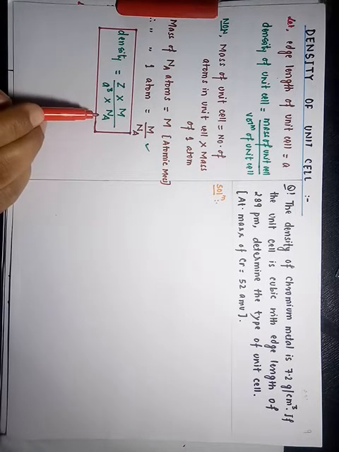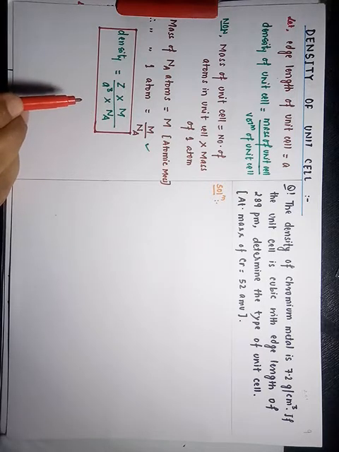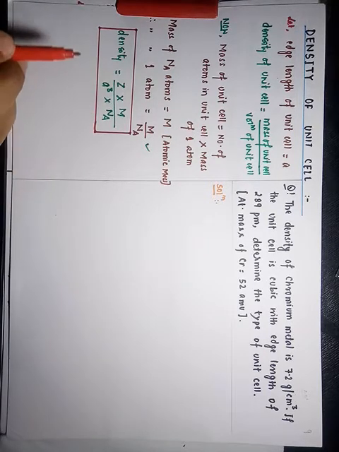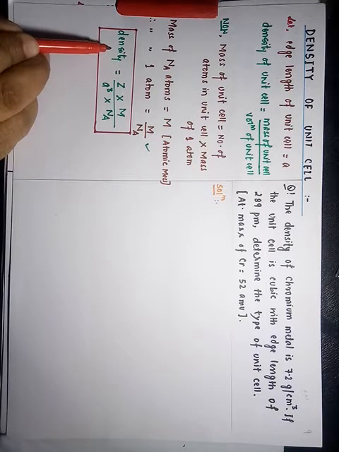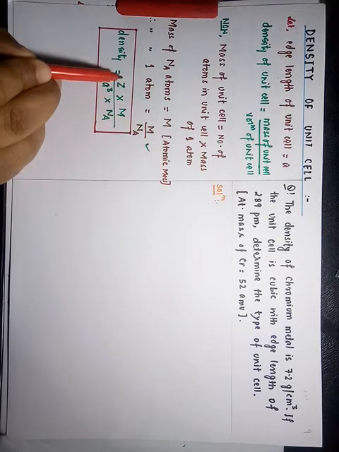Now a number of questions can be solved related to density of unit cell. Questions could be for calculating the direct density of unit cell, where all the data will be provided to you.